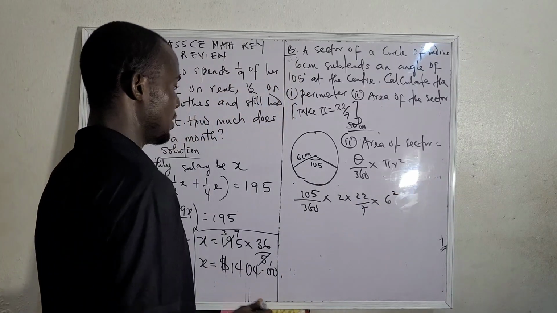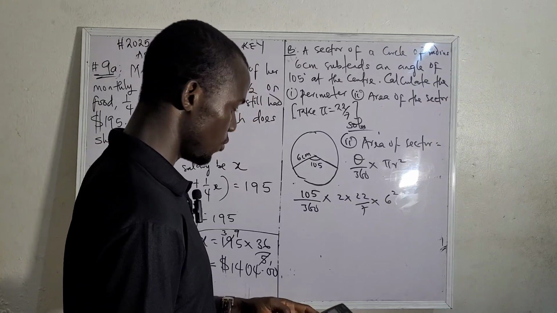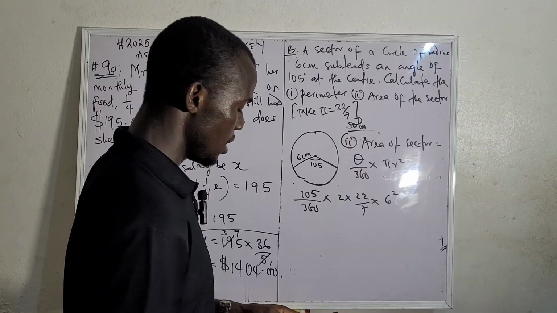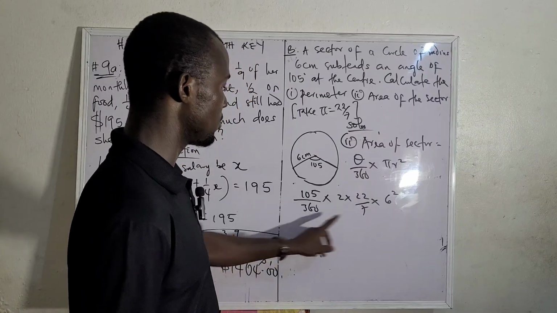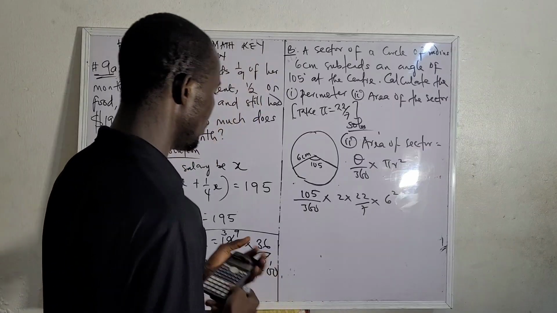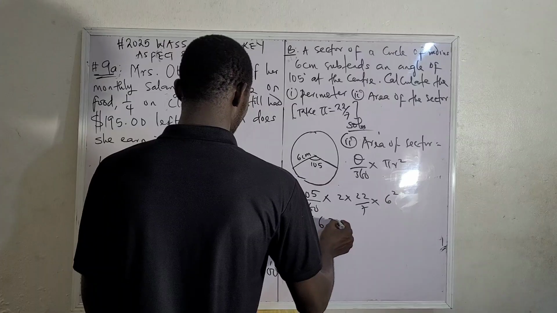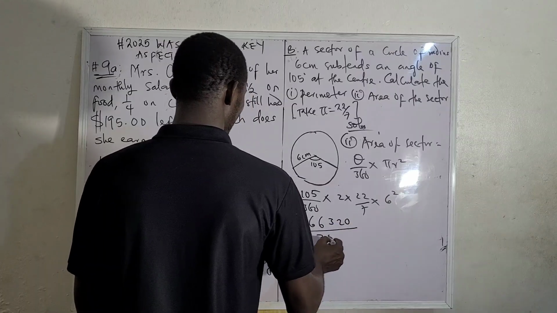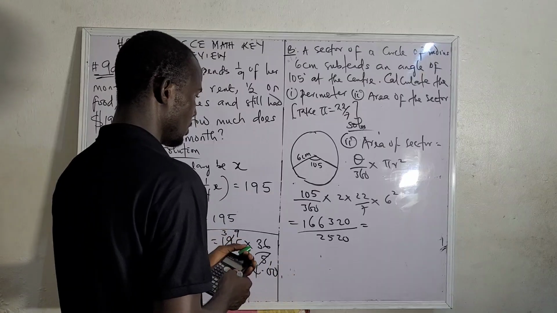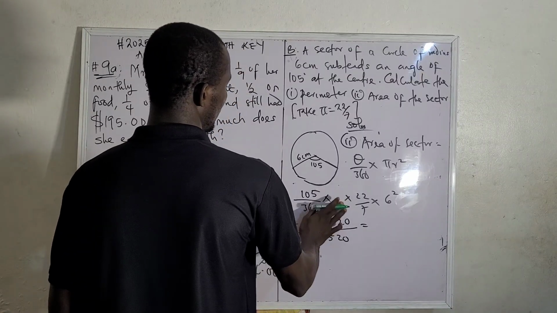So this time around, I want to make the work easier by using a calculator. 105 times 2 times 22 times 36, and then divided by the product of these, 2520. Oh, sorry, there is no 2 here.